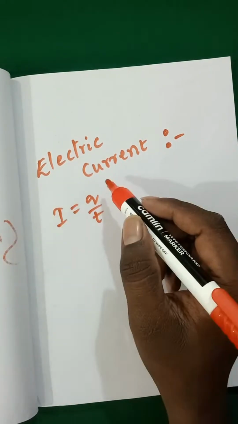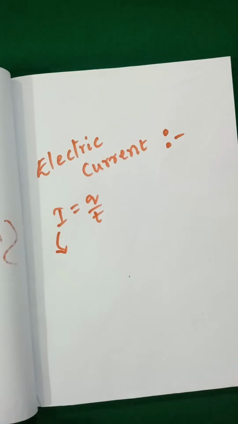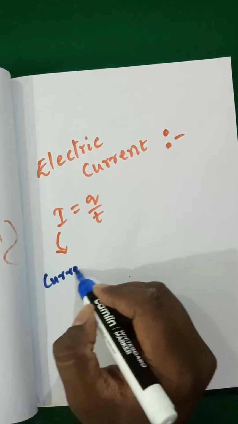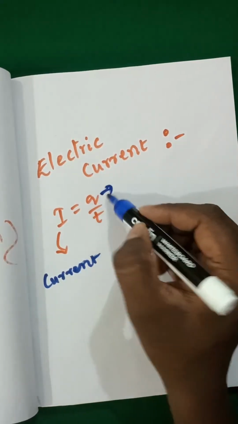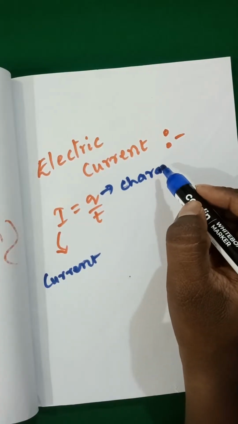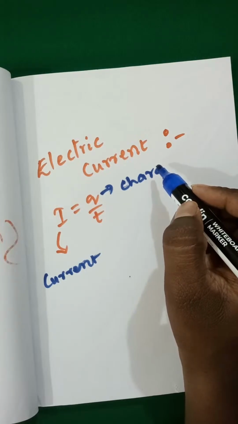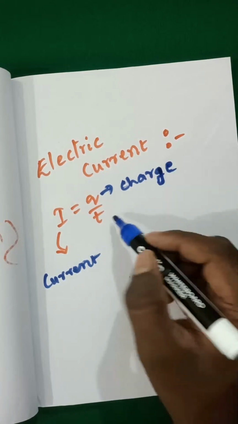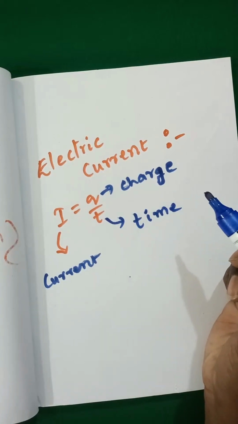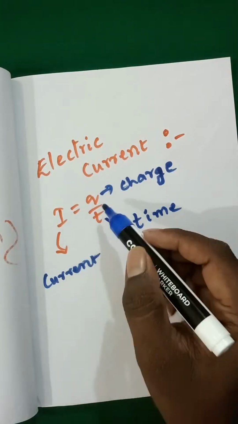I is the current, Q is the charge, and here I'm taking T as the time. As current is nothing but the rate of flow of charge, I said.